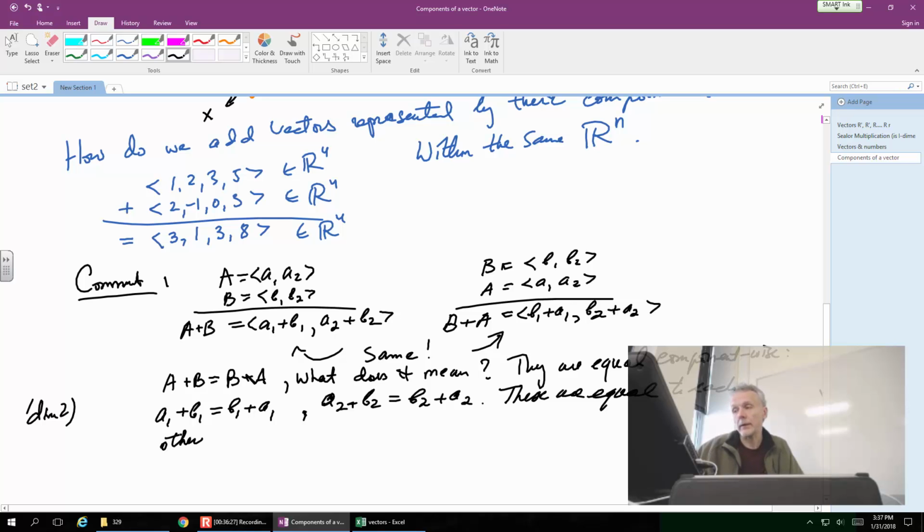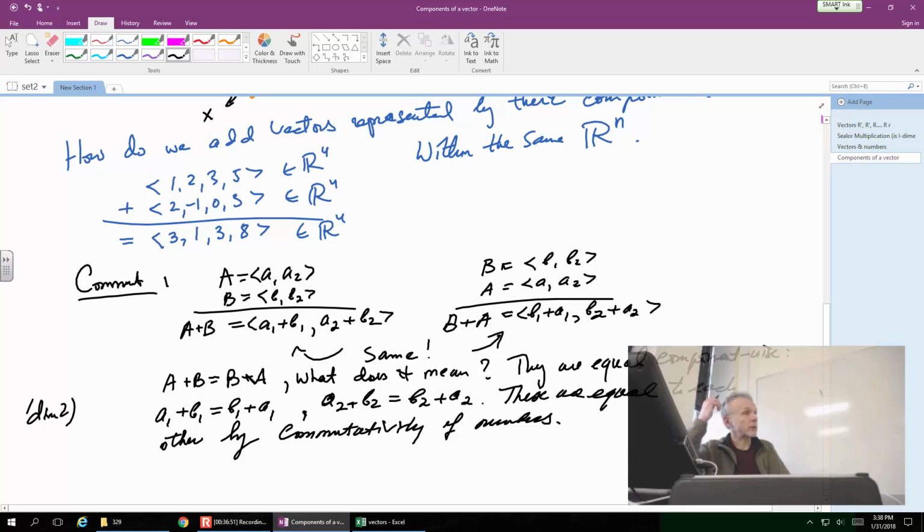How would you justify it in one word? By commutativity of numbers, right? So components are numbers, and if we know anything about numbers, we certainly bring it to the table and use it. So with commutativity, we can flip the addition of numbers, then we can flip the addition of vectors.